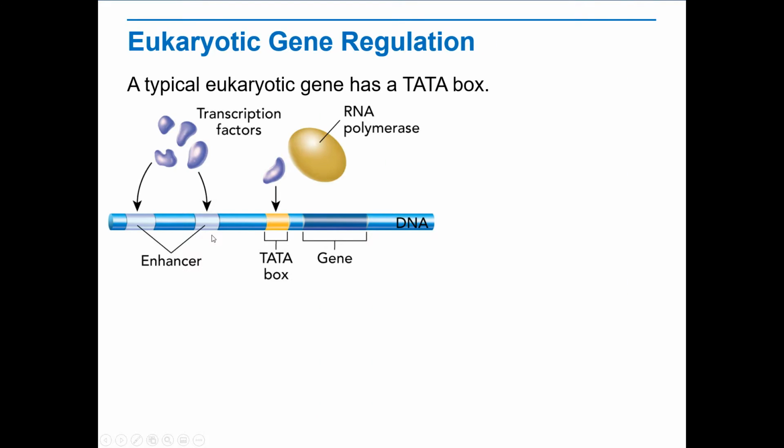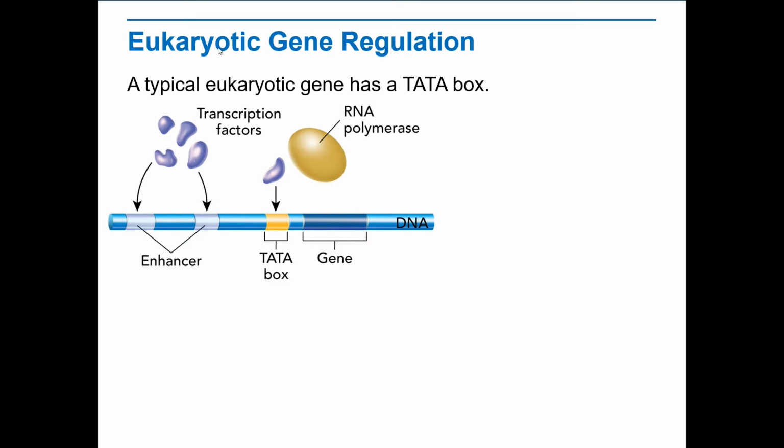Okay, now they found that to be how it works in all cells, except it's not always lactose that's there, right? It could be a ton of different things that would turn on and turn off those operons, those groups of genes. And so let's dive into a more complex aspect of this, the eukaryotic gene regulation.